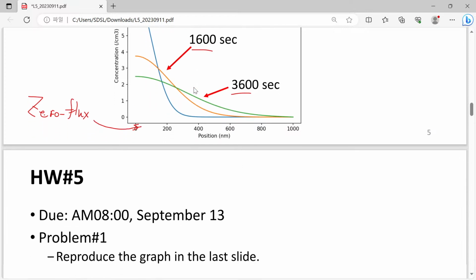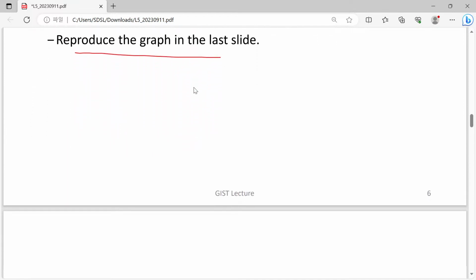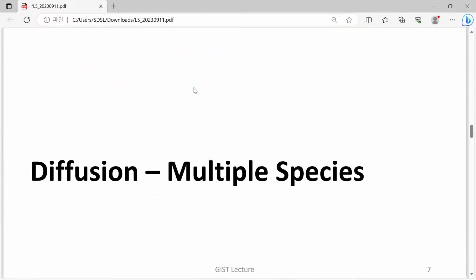Okay, if you don't have a question, then let me just move to the next topic. Up to now, we have thought about the diffusion of boron atoms or arsenic atoms, phosphorus atoms. However, in reality, in the silicon, we have multiple species.